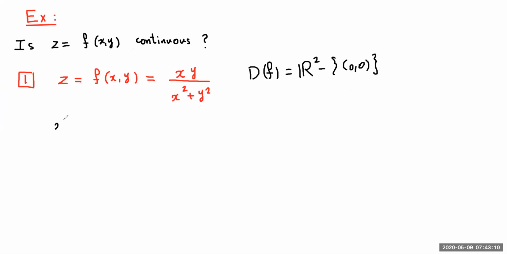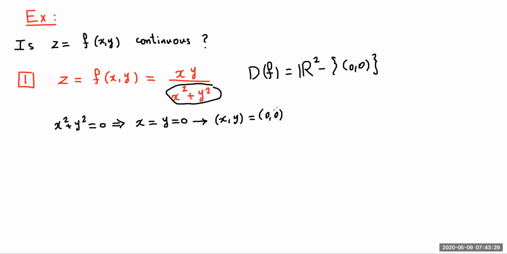Because if we put x squared plus y squared equal to 0, we have only one solution, x equals 0 and y equals 0. So this gives me the point (x, y) equal (0, 0), so we must delete this point from the plane R squared.